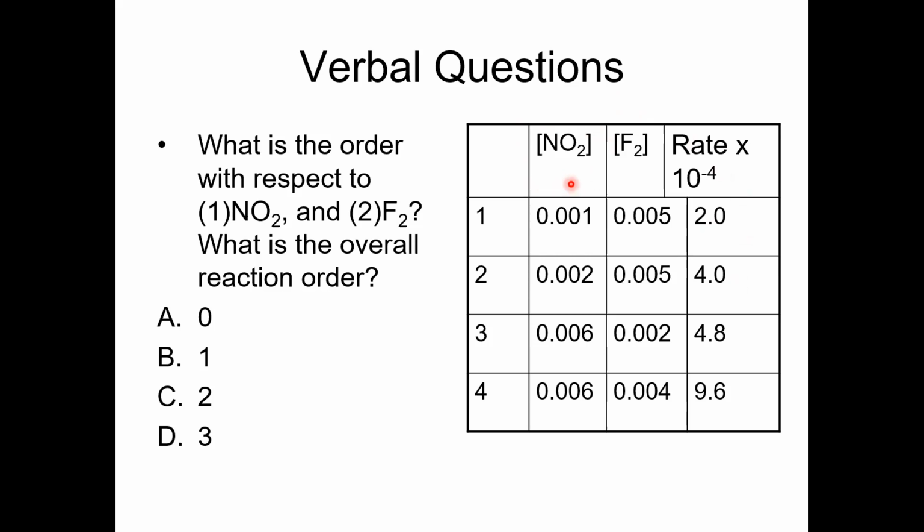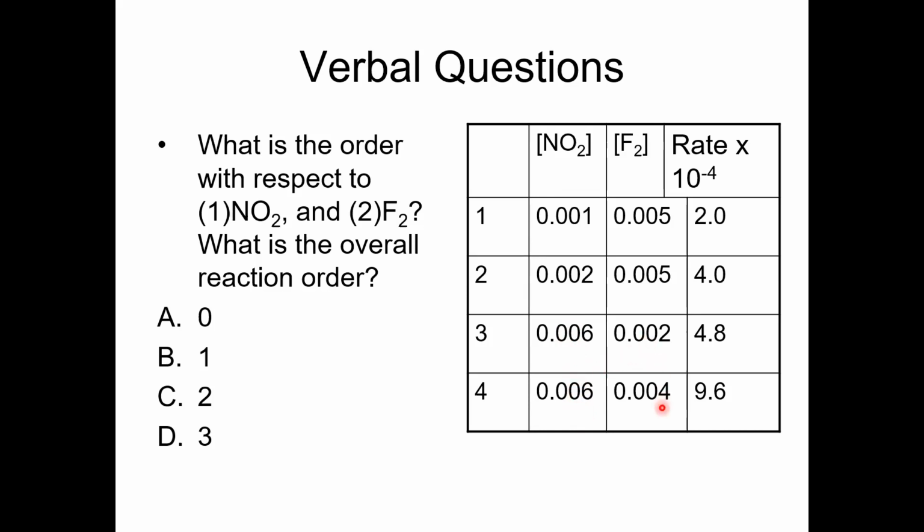All right, so take a second to find two reactions where the nitrogen dioxide stays the same and the fluorine changes. If I look at the last two reactions, 3 and 4, the concentration of nitrogen dioxide remains the same.